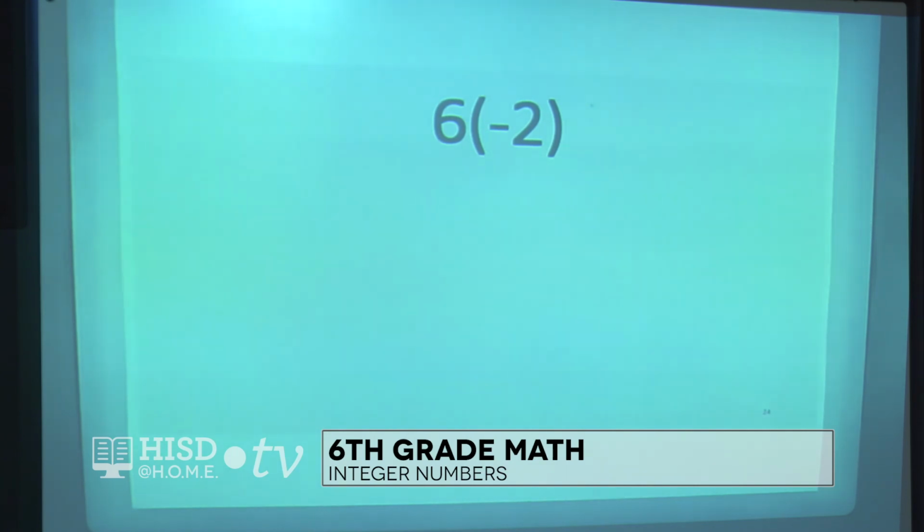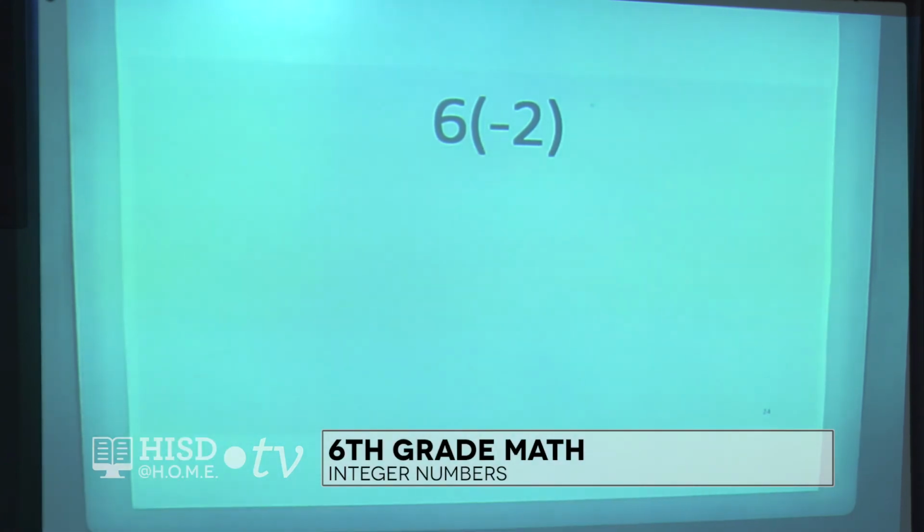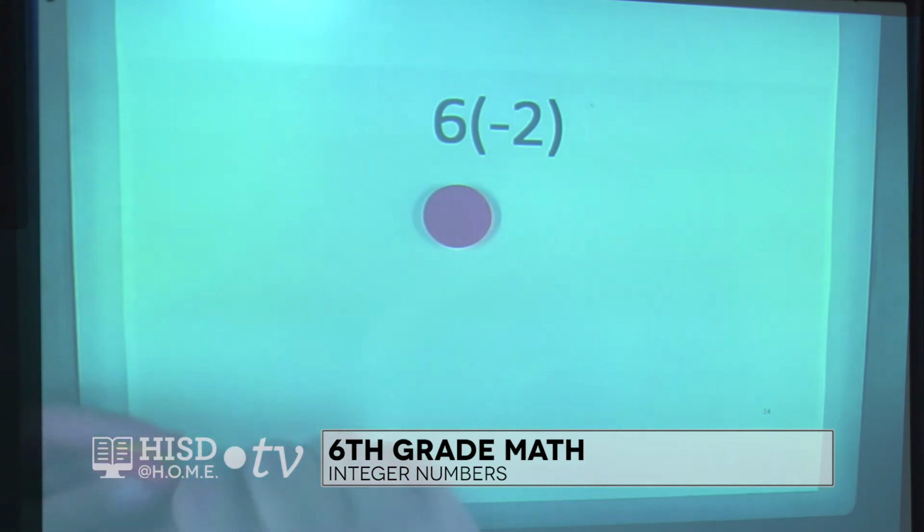If I'm looking at 6 times negative 2, or 6 groups of negative 2, what kind of signs do I have going on here? I have a positive sign, and I have a negative sign. Okay, so now let's use our color counters. Let's create 6 groups of negative 2. All right. Whoops.